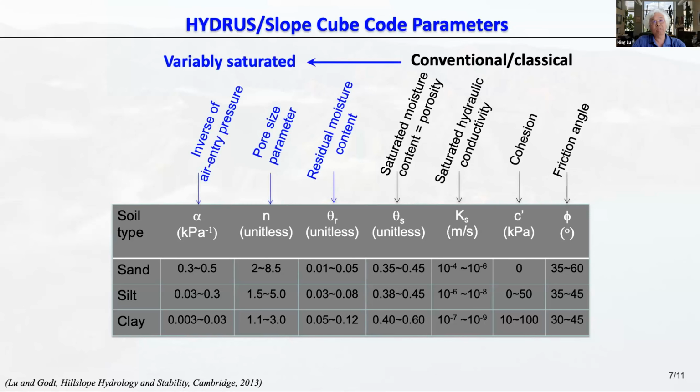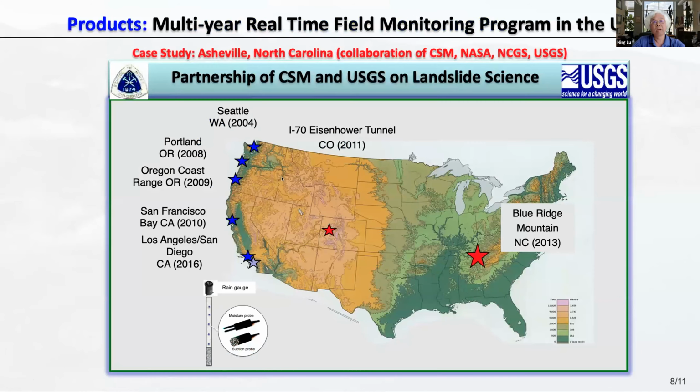But the new framework expands that from saturated to unsaturated, or variably saturated, and only needs a few additional parameters which characterize both the soil water characteristic curve and the hydraulic conductivity function. We've been doing that for the last two decades, using real data to calibrate, from the field scale as well as laboratory studies.